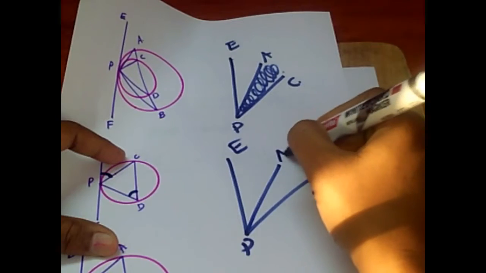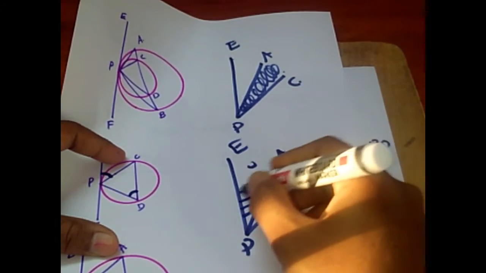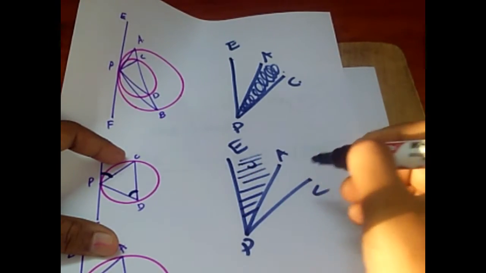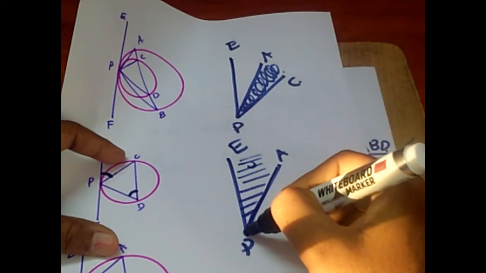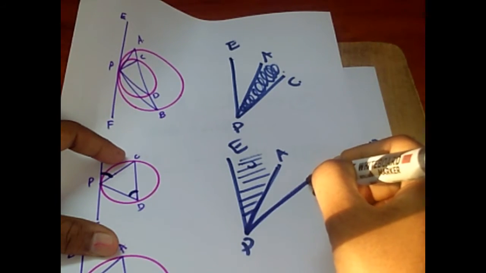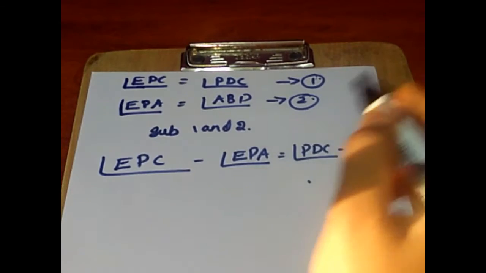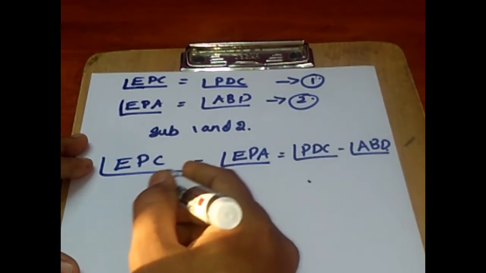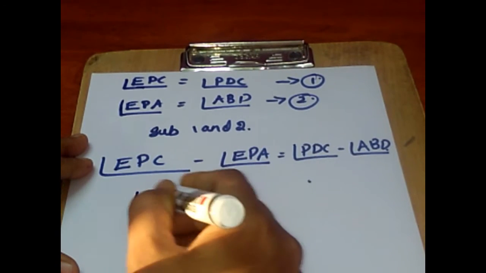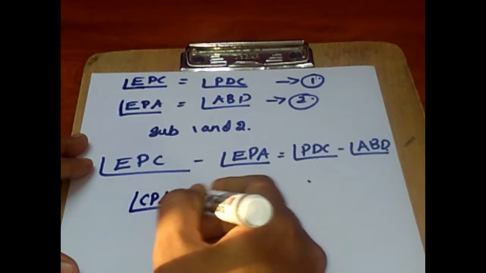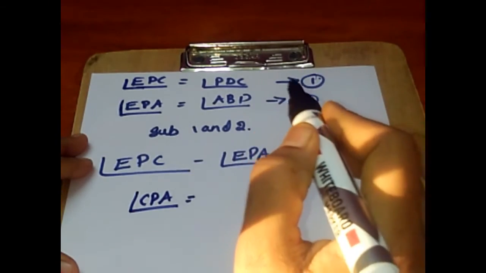When this part, angle EPA, is removed from EPC, what is remaining? That is nothing but angle CPA. So from the diagram, the left hand side is angle CPA. Our left hand side is ready.